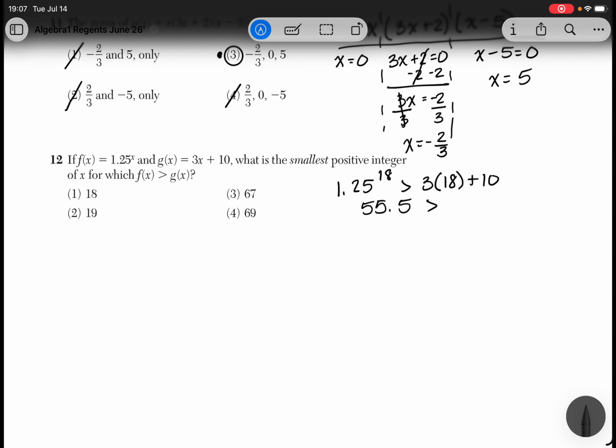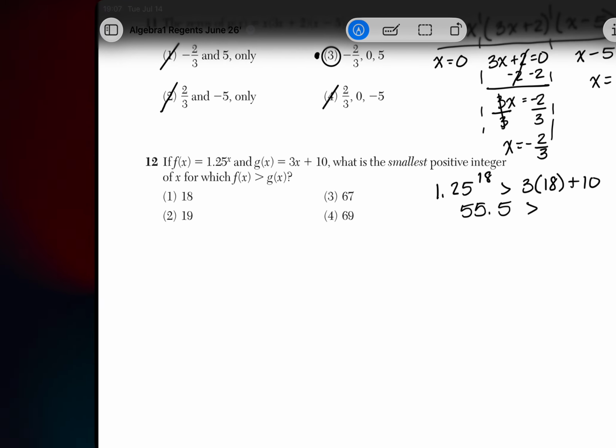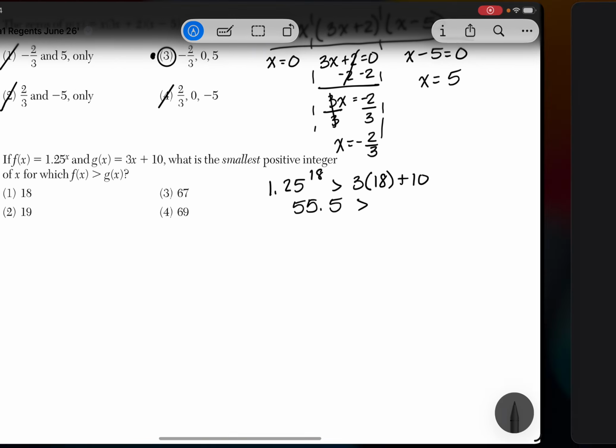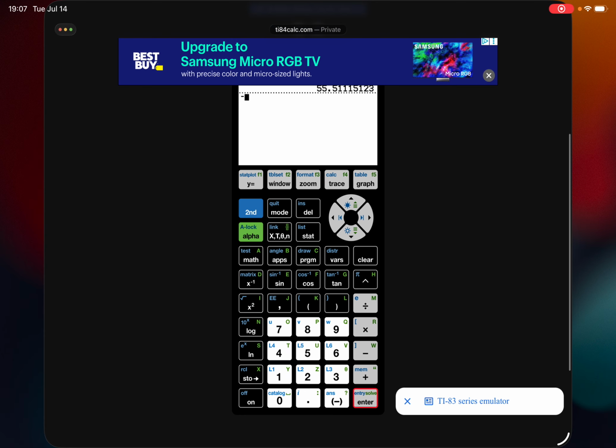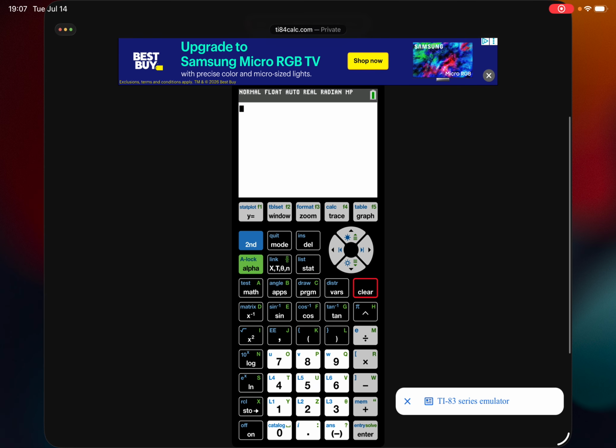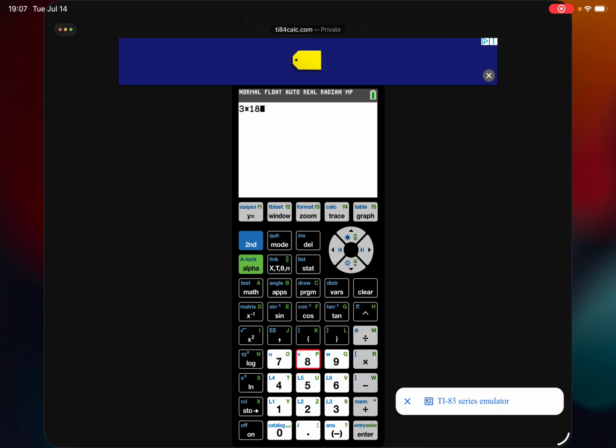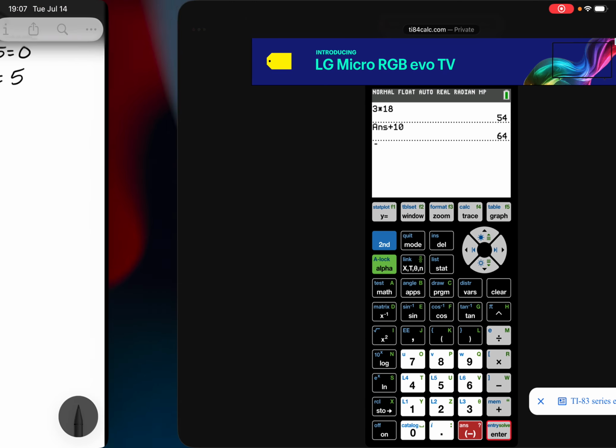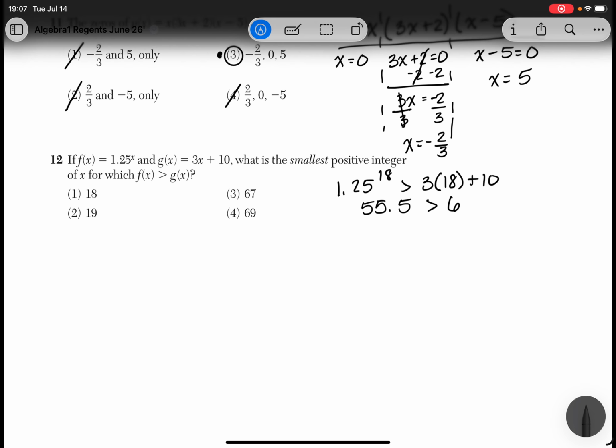And we want to see if that's greater than 3 times 18 plus 10. We can plug that into our calculator to save time. 3 times 18 plus 10 gives us 64. 55.5 is not greater than 64, so answer choice 1 would not be true.